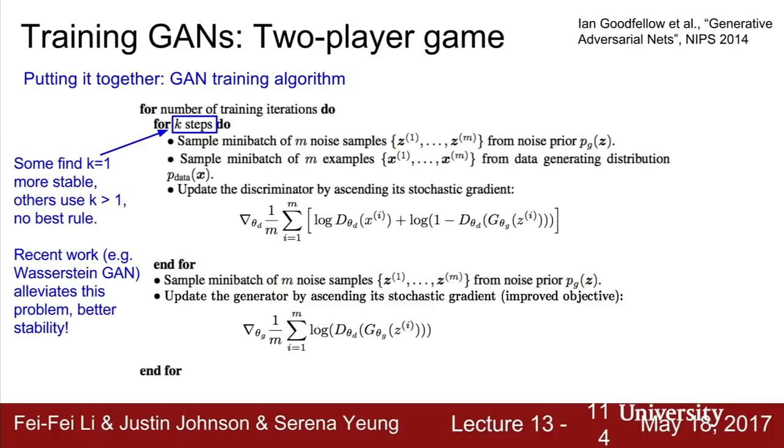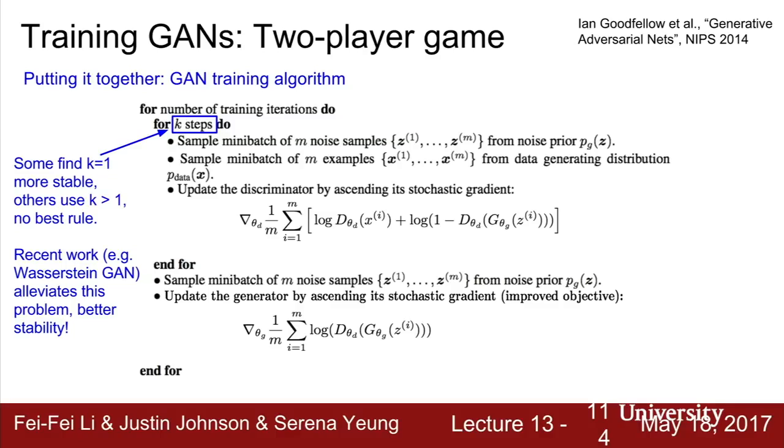I've said k steps up here for training the discriminator, and this is a topic of debate. Some people think having one step of discriminator, one step of generator is best. Some people think it's better to train the discriminator for a little bit longer before switching to the generator. There's no real clear rule, and people have found different things work better depending on the problem.